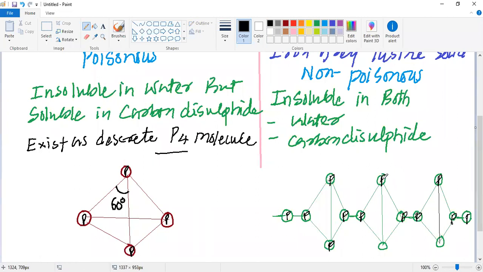So this is how, my dear students, we understand that our red phosphorus exists as a polymeric large molecule.